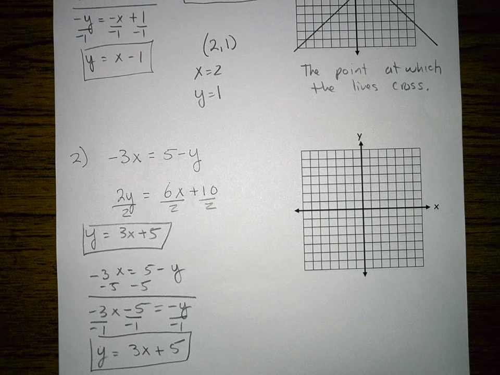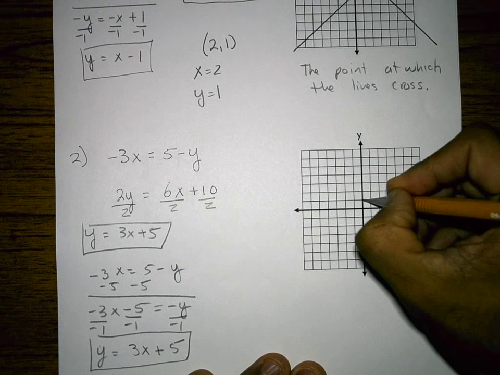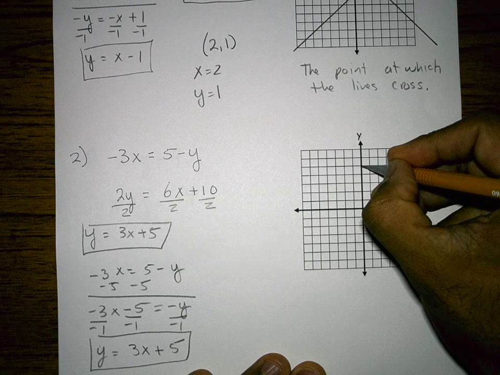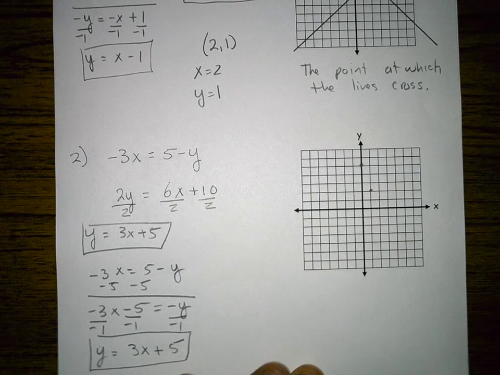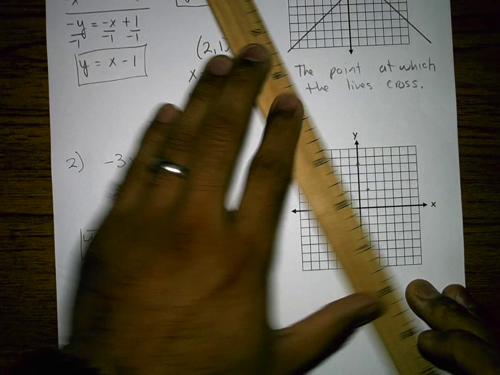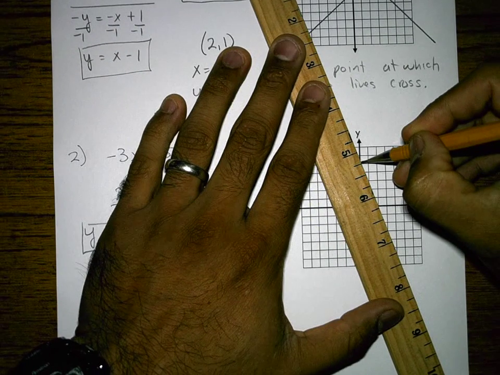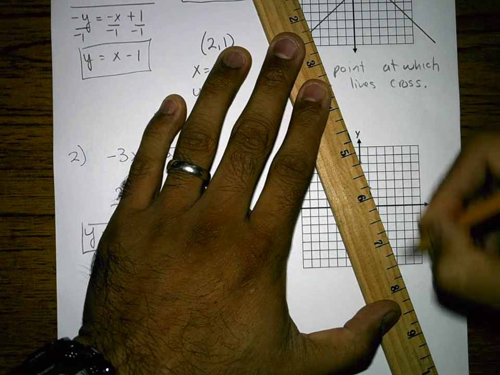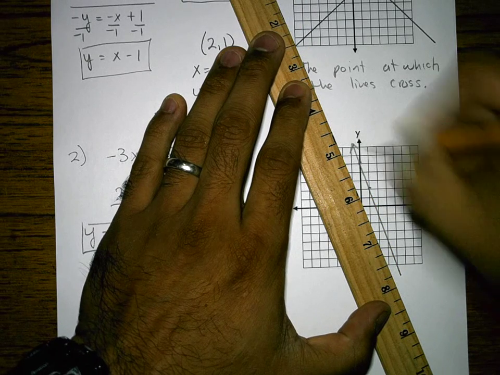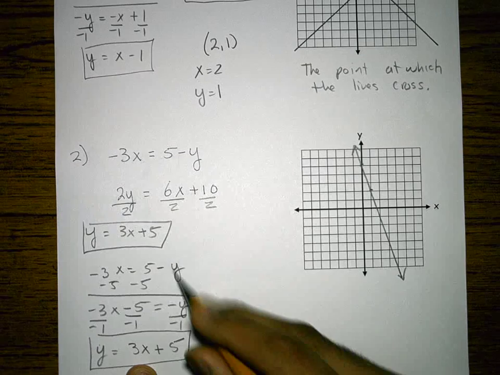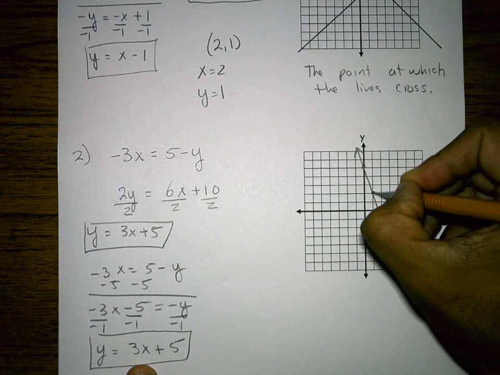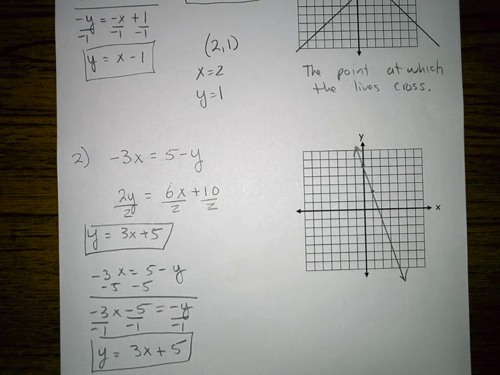So looking at this, I'm going to graph this first one. It's 1, 2, 3, 4, 5. I'm going to go down 3, 1, 2, 3 over 1. And then I'm going to come here and hopefully you'll realize, hey, this is actually the same line.